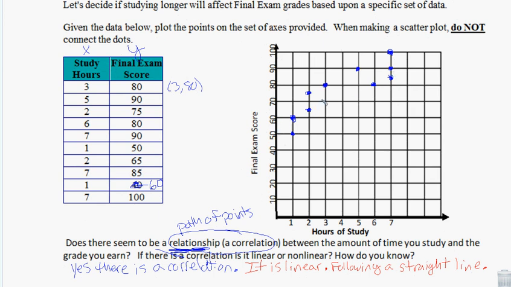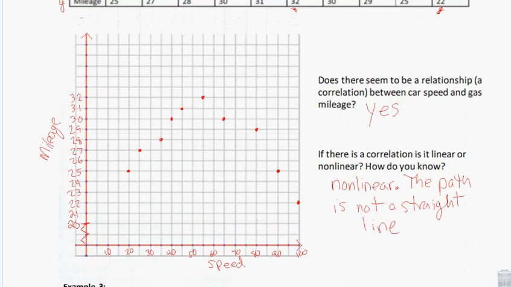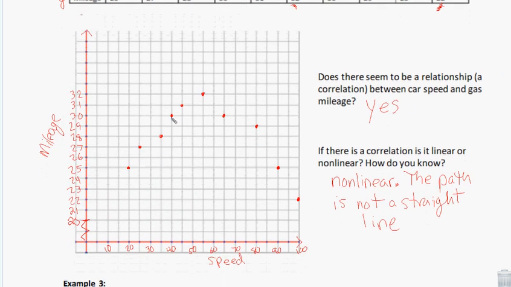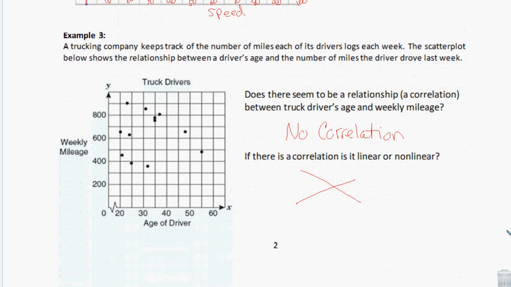This one is an increasing path, so we would actually say this has a positive correlation. Some relationships are nonlinear, like this speed and mileage one. And some things really don't have a relationship. It's like a silly thing to maybe even plot. But you know what? Sometimes we're not sure if there's a relationship until we actually gather data and start plotting it.